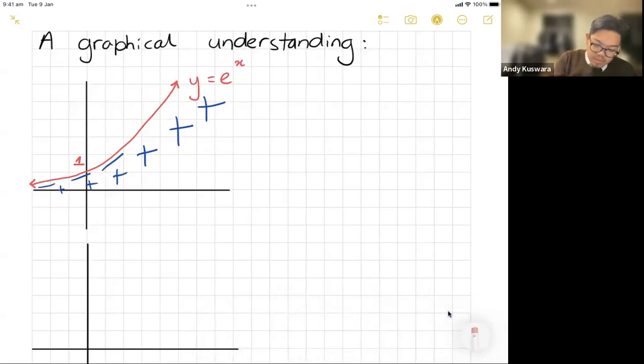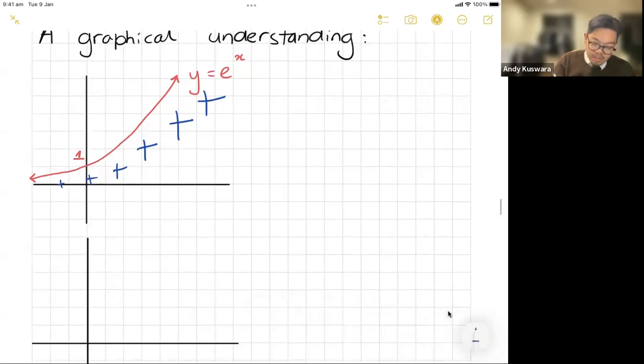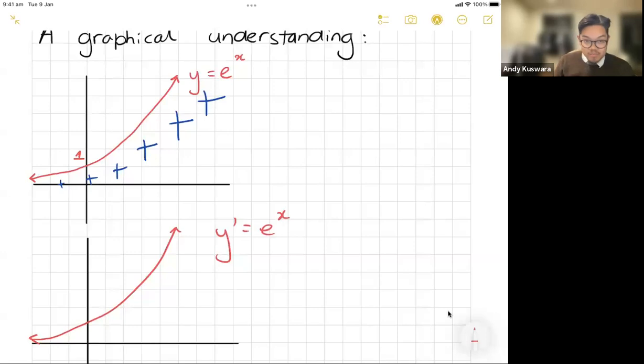So our gradient function is going to look very similar. We're going to start small, but it's still positive, and then as we get further on, it gets steeper and steeper. So from here, we can see that the derivative of e to the x is just going to be another e to the x.